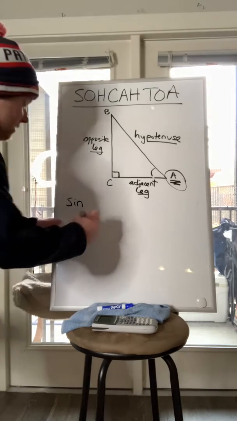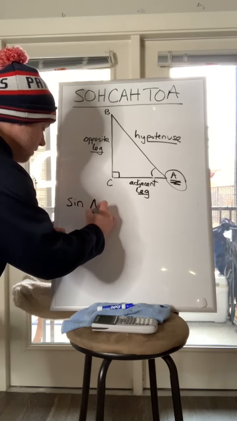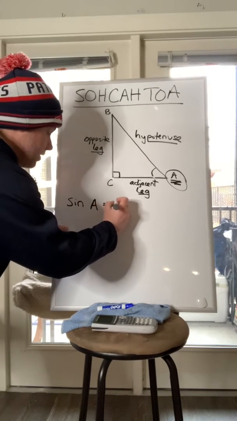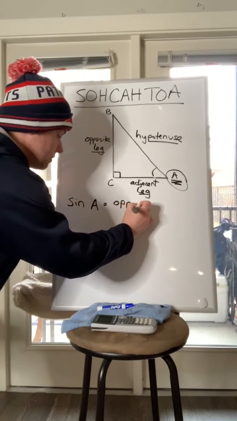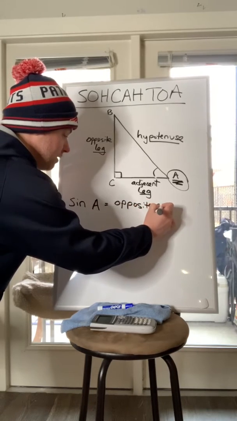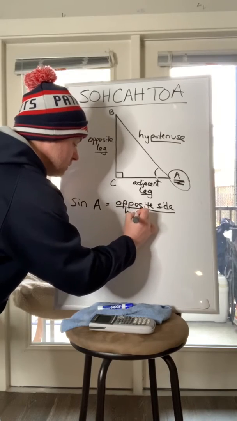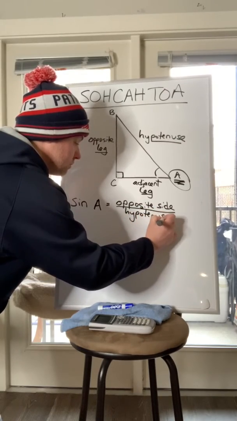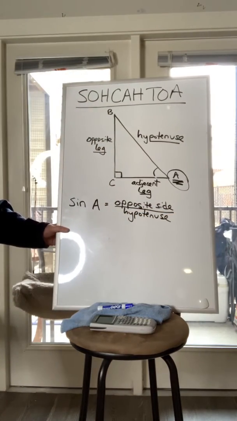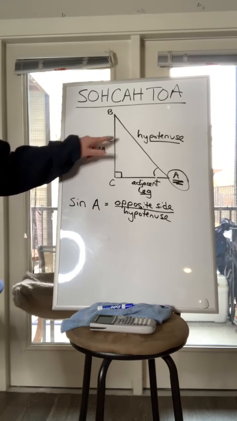The sine of angle A is equal to the opposite side over the hypotenuse. So it would be this length over that length.